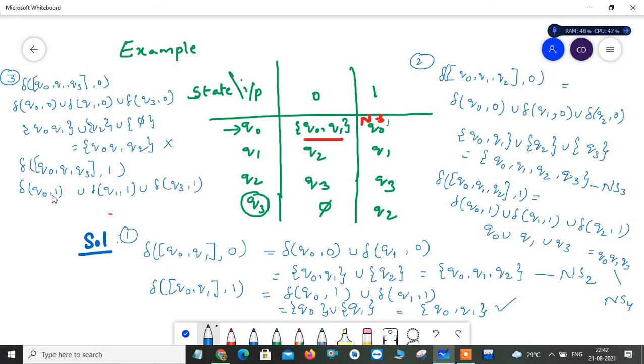Now Q0 1 is nothing but Q0 itself, and then union Q1 1 is nothing but Q1, and Q3 1 is nothing but Q2. After finding the union, you will get Q0, Q1 and Q2, the same state you have. So there is no need to find the transition function again.